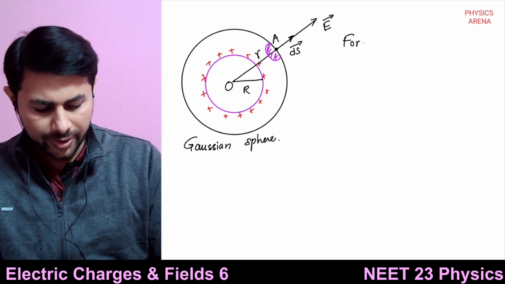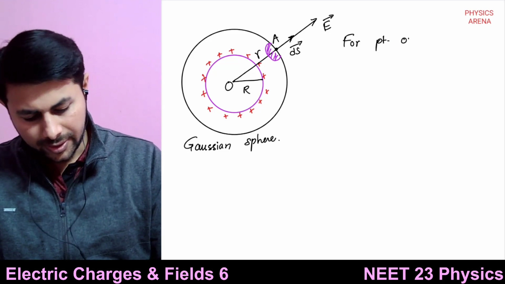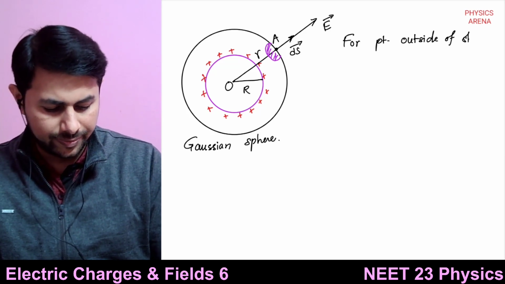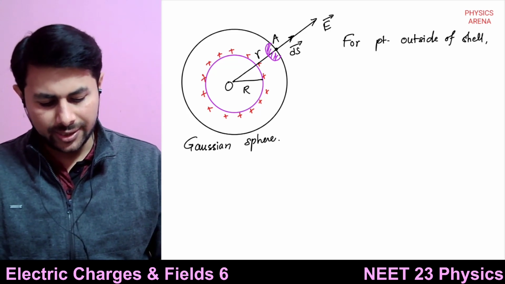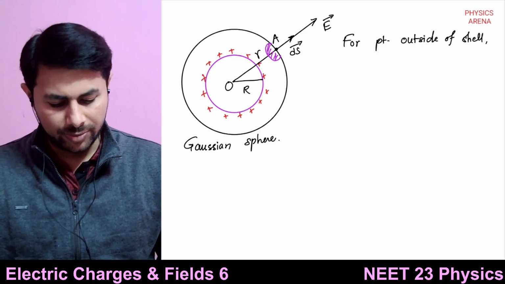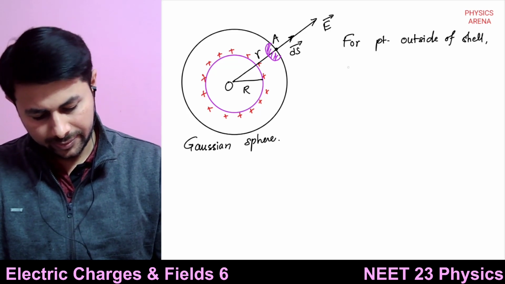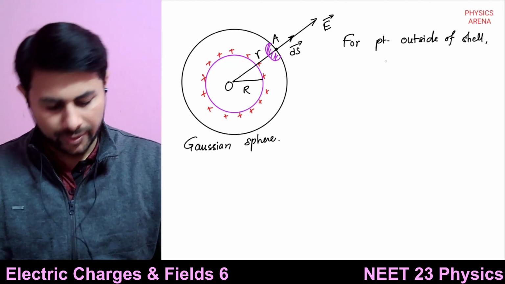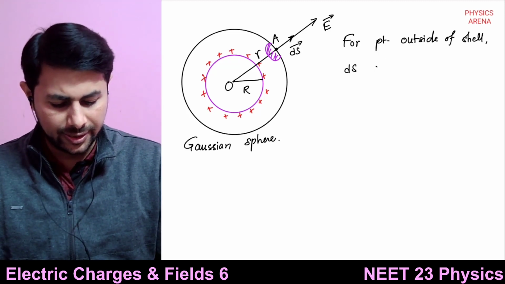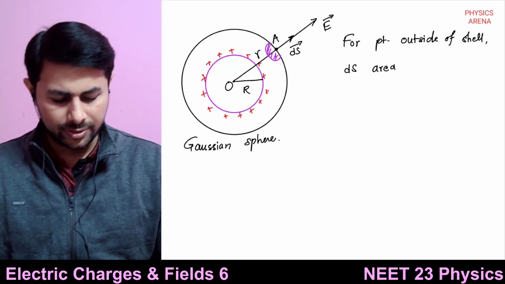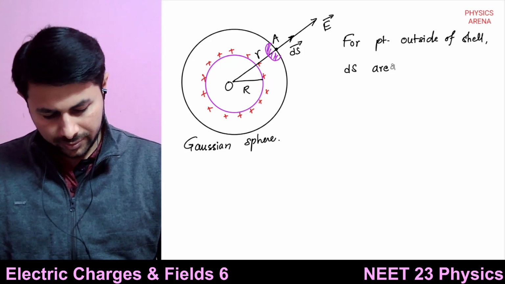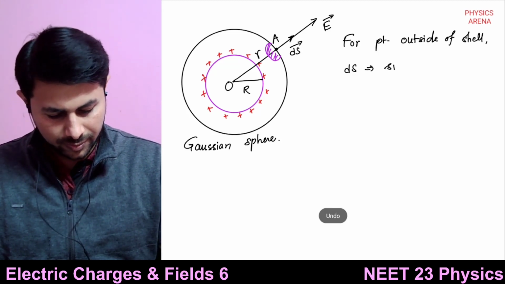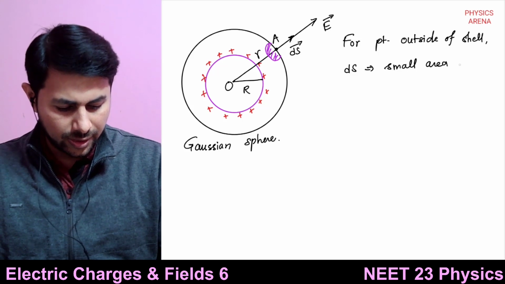So for a point outside of the shell, which is at distance r away from the center of the shell, let's suppose ds is the small area around that point.